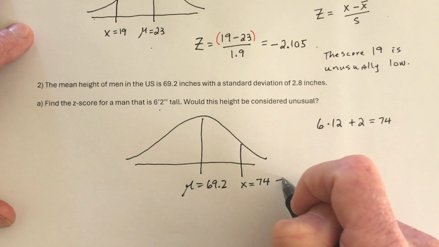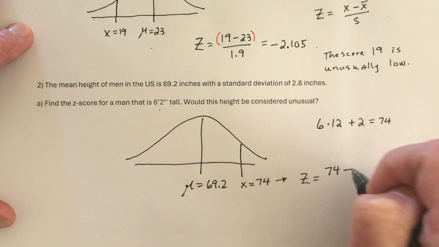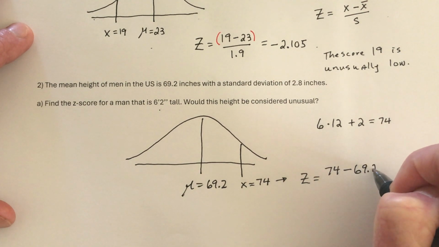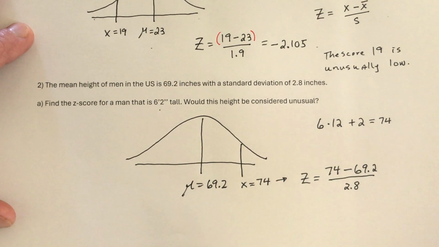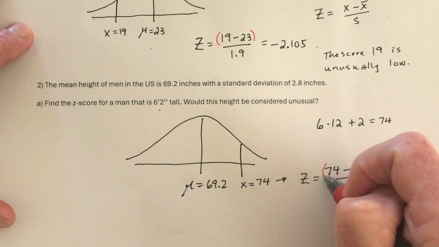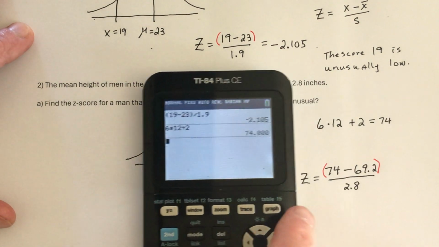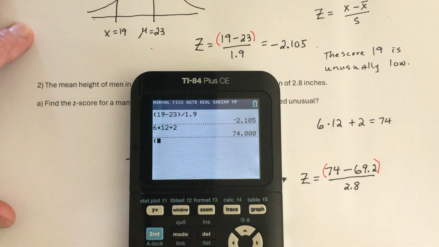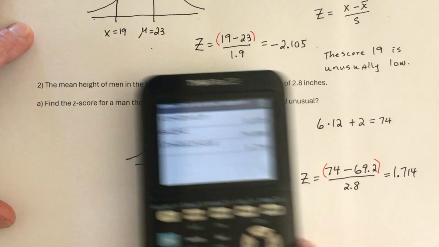Now do the z-score. So z equals the score that you're being asked about minus the mean, divided by the standard deviation. And, as my red pen likes to say, make sure you use parentheses. So that is 74 minus 69.2 gets divided by 2.8, and that is 1.714.